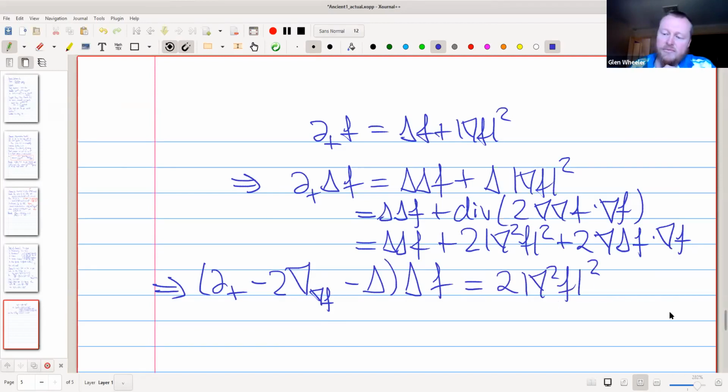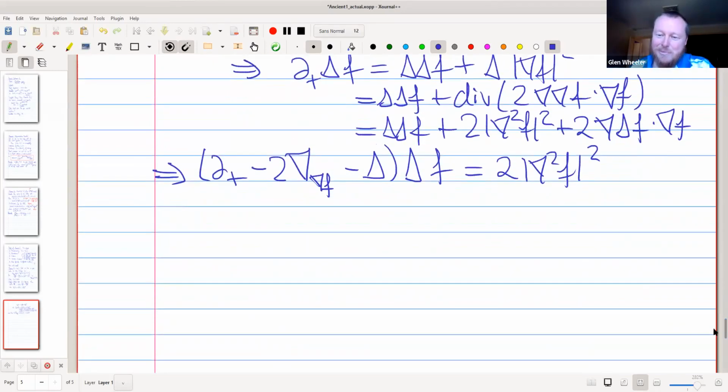And the only fly in the soup, bug in the soup for this one, is that this is not Laplace f squared, but it's almost Laplace f squared. If anyone needs a proof of this, I'm happy to do it, but I think everyone can do it.